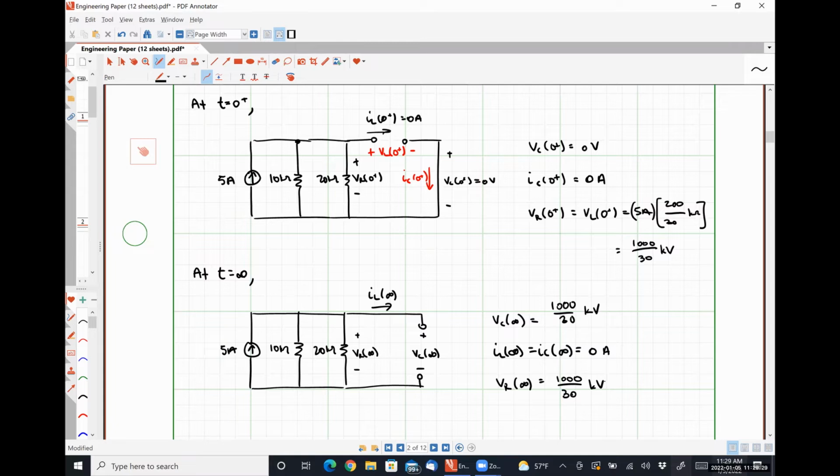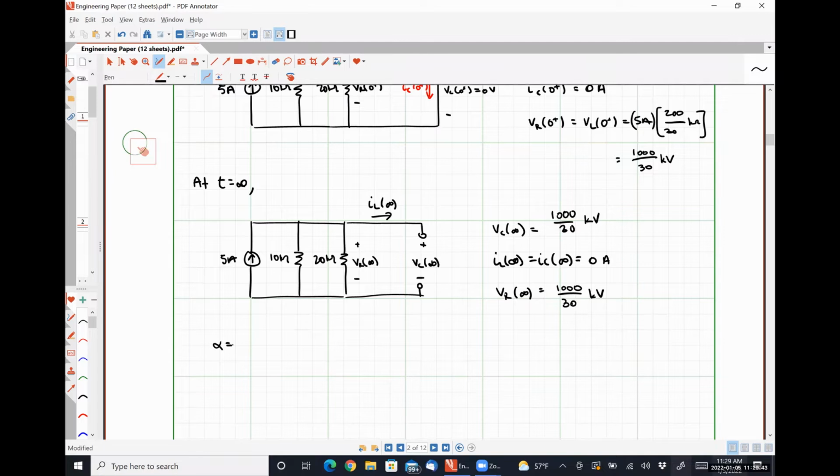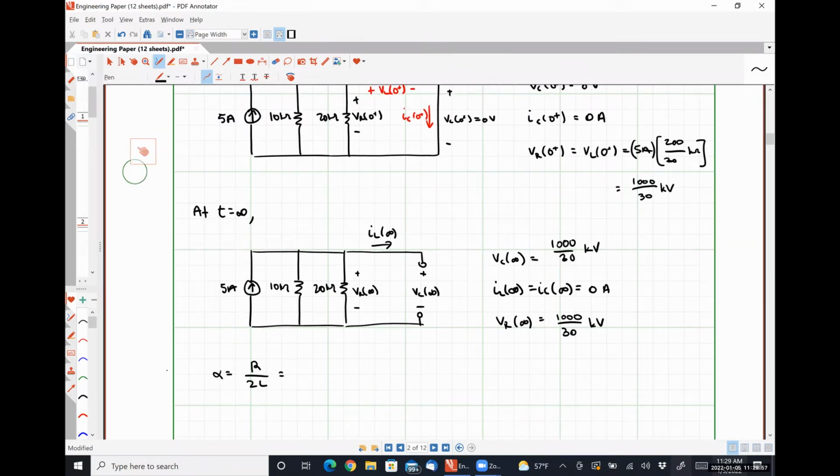All right, so now, based on the numbers that you guys have chosen, let's see if this circuit is critically damped, underdamped, or overdamped, right? So alpha is equal to R over 2L. My question to you guys right now is, what's R going to be? Would you combine the resistors and use the 200 over 30 value?